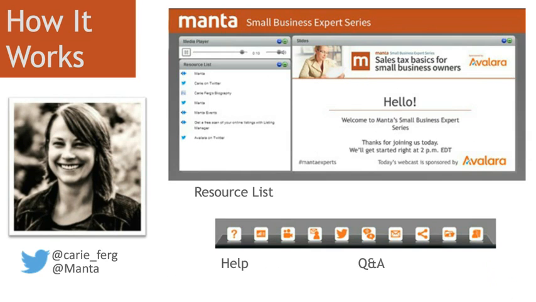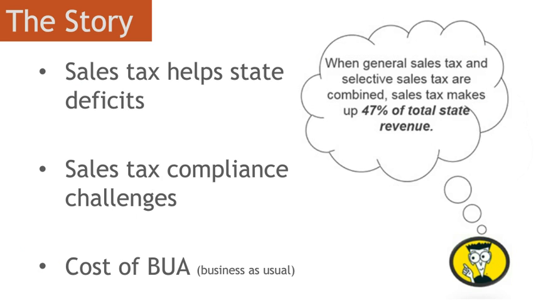I'd like to start today's webinar with a story about why we're here. Sales tax is an important source of state revenue, making up 47% of total state revenue. However, with more than 12,000 taxing jurisdictions throughout the United States, sales and use tax compliance is a complex topic for small business owners to master, as well as time-consuming and non-revenue generating.